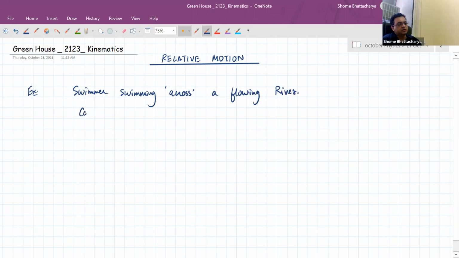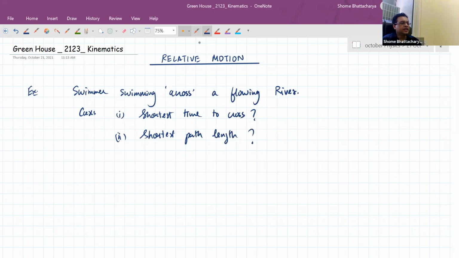The cases we want to discuss here are the shortest time to cross the river and the shortest path length to cross the river. Okay. So we have indirectly discussed both of these.